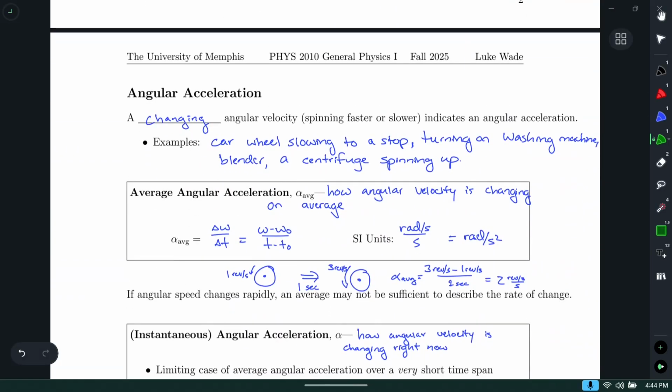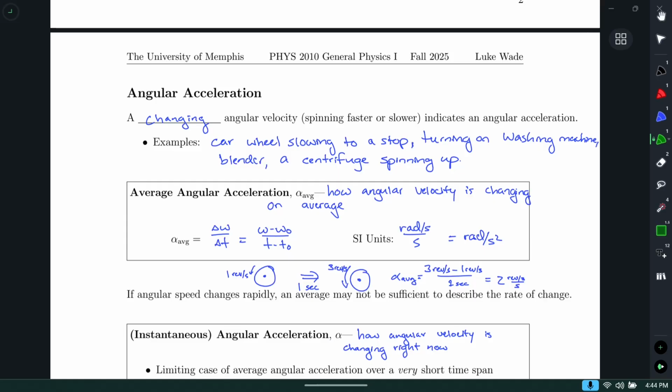So, for a changing angular velocity, you're going to need to think about how quickly it is changing. Does it start at one angular speed, maybe 1 revolution per second, and take a really long time to get up to 10 revolutions per second, so it spins up slow? Or does it go from 1 revolution per second to 10 revolutions per second in a half second?